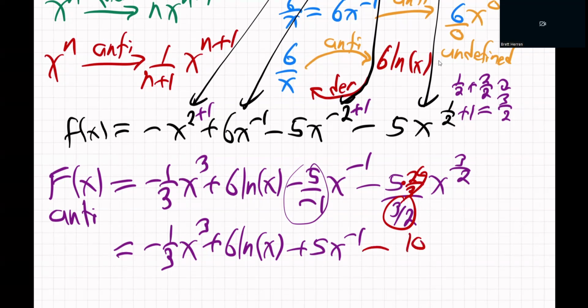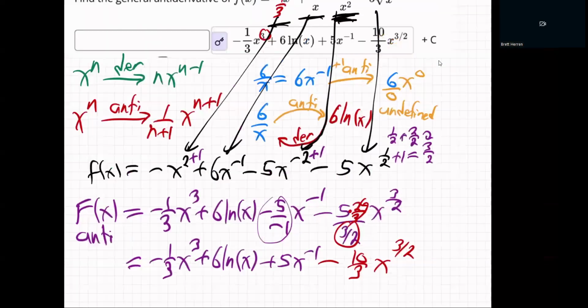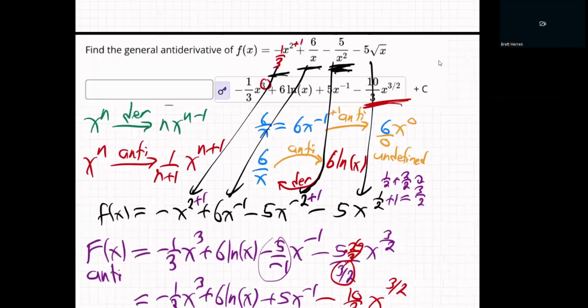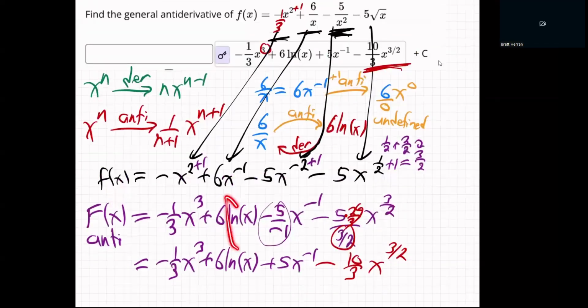So that'll be minus 10/3 x to the 3 halves. And that's what they got. And the plus C is always out there because that could be any constant number. The derivative of it would be 0. So this is the antiderivative, meaning if I took the derivative of this, it would go back to that, into that, into that, into that. It's the antiderivative. And there we go.